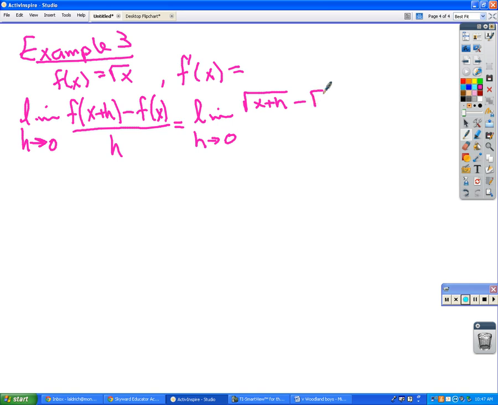So that part was easy, but there will always be some pain in there. How am I going to simplify this in order to get some things to cancel? Conjugate. Do what now? Multiply by the complex conjugate.